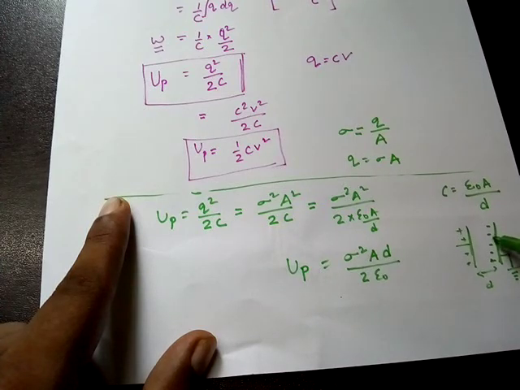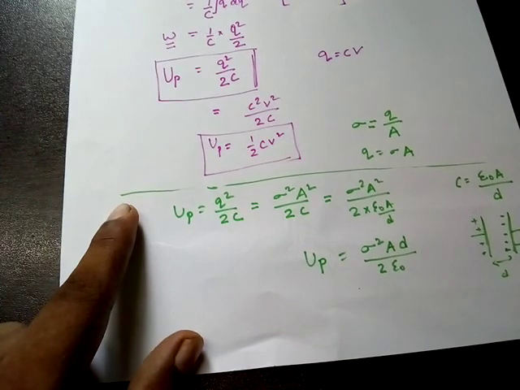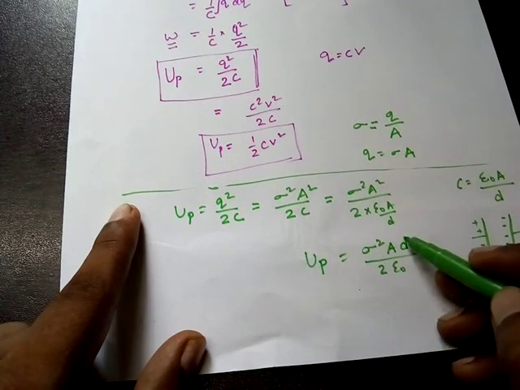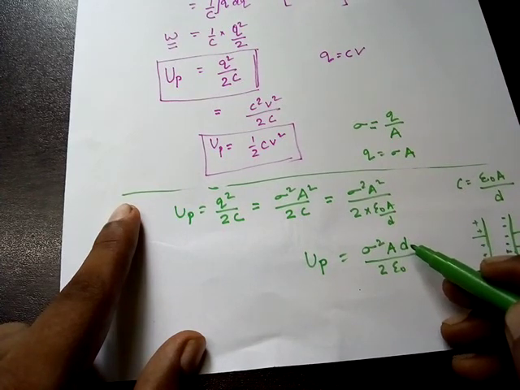So only the minus charge will remain on this side of the plate, that is the left side of this plate. This is the area and this is the separation, so A d will be equal to the volume.